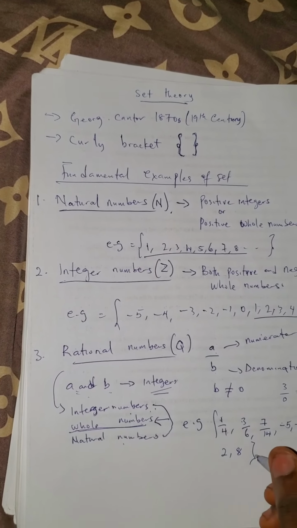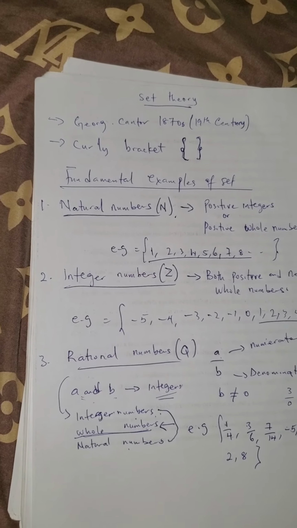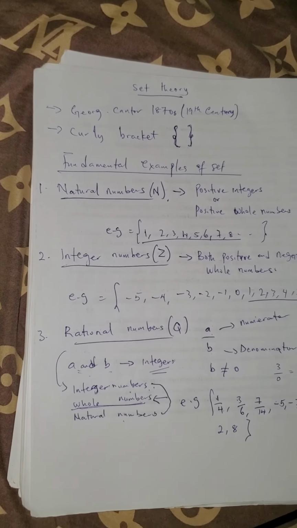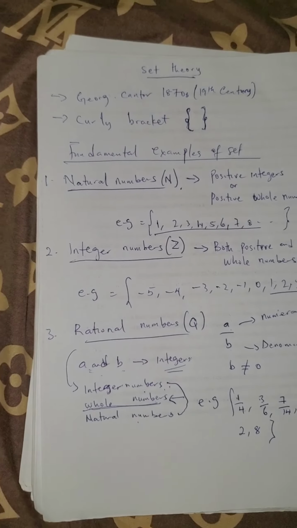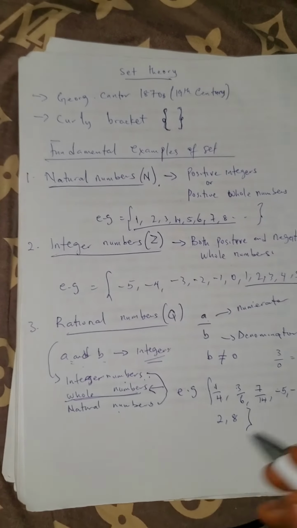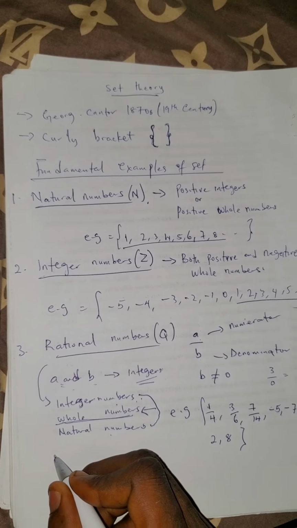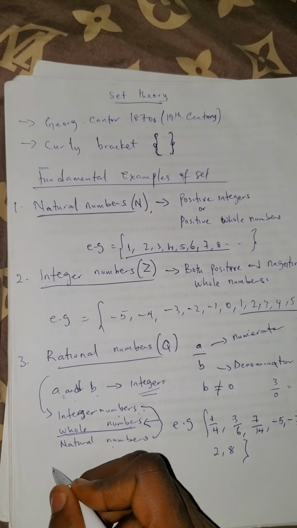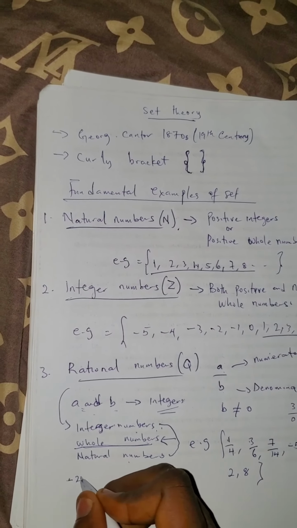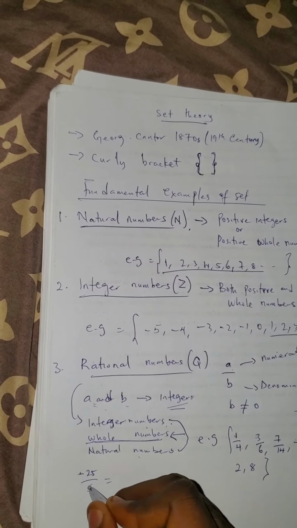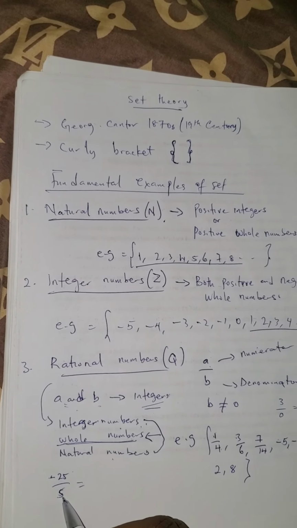Even I can tell you that rational numbers can also be something like minus 25 over 5. You have a numerator here, you have a denominator.